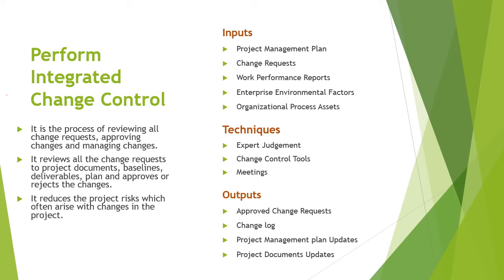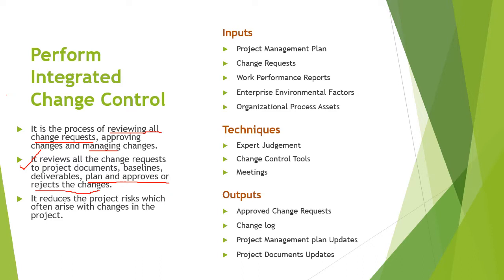So basically, perform integrated change control is a process of reviewing all change requests. This is very important. It is a process of reviewing all change requests, approving changes, and managing them, right? It reviews all the change requests to project documents, baselines, and deliverables, and it plans and approves or rejects the changes.